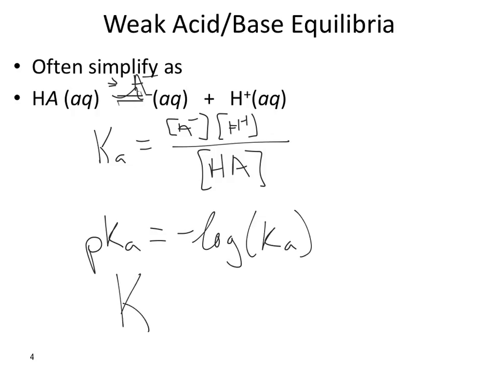Also, if you know the pKa, you can find the Ka by taking 10 to the negative pKa. So these are the three main equations you'll want to know with pKa and Ka for an acid. It's the same equation for a base, it's just that for a base the value will be very, very tiny.